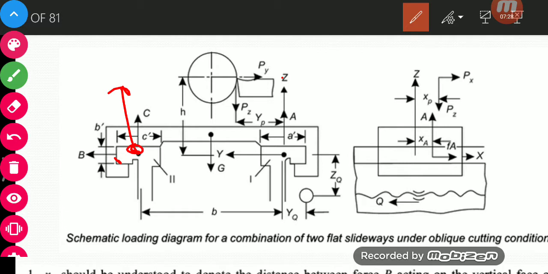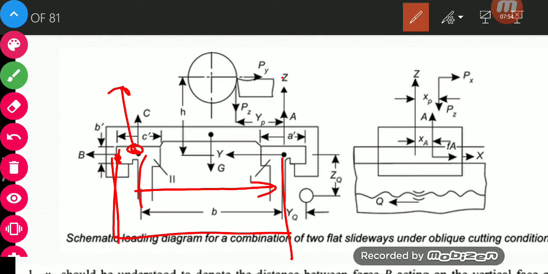So the frictional components would be F times C, and that acts at a distance of B plus C by 2. Okay, so that would act at the distance of B only. And then there would be a force component which is acting in this face, which is going in the depth direction, which is opposing this, and that would be B plus C by 2.